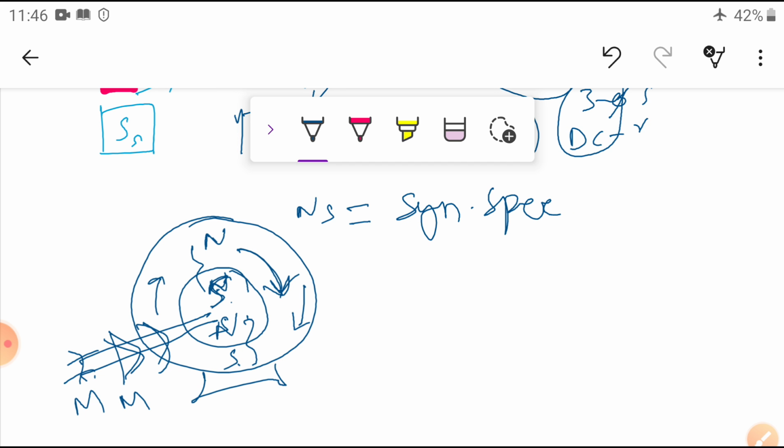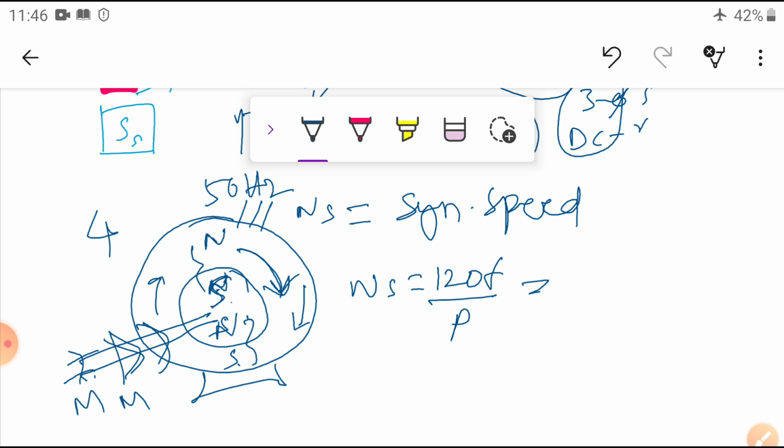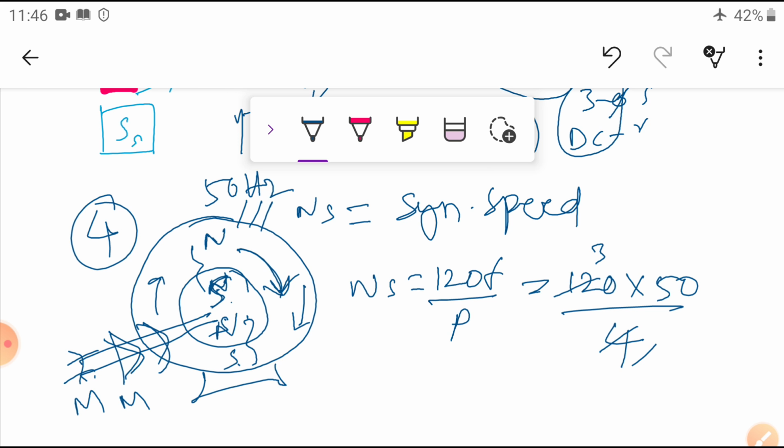What is the synchronous speed? Ns is equal to 120 f by P. For example, our motor is designed as a 4-pole machine, and the Indian frequency is 50 Hz. Then Ns is equal to 120 into 50 divided by 4 poles, which is equal to 1500 RPM.